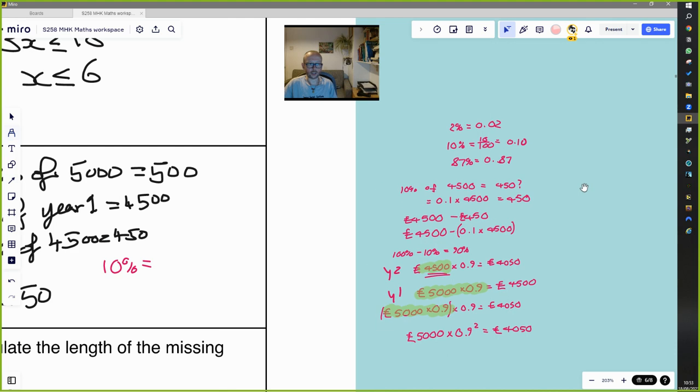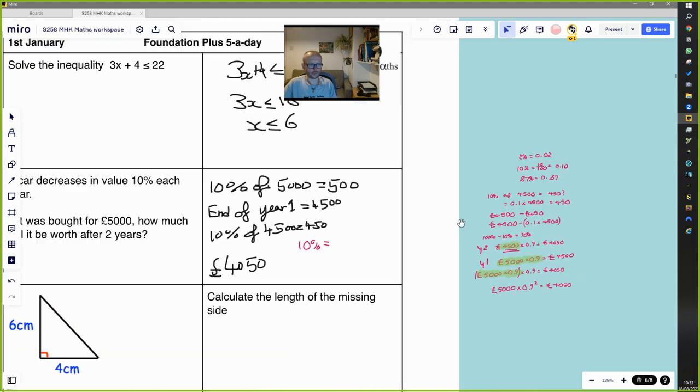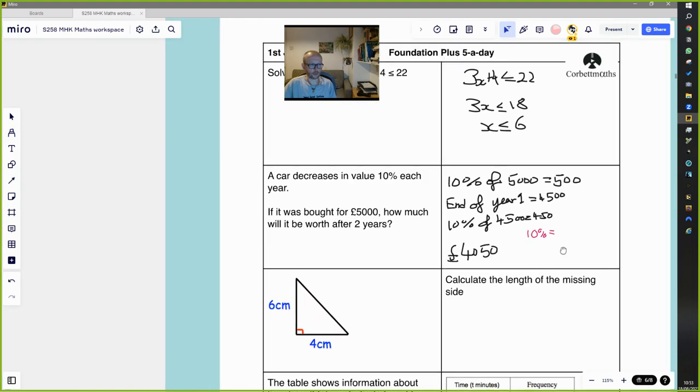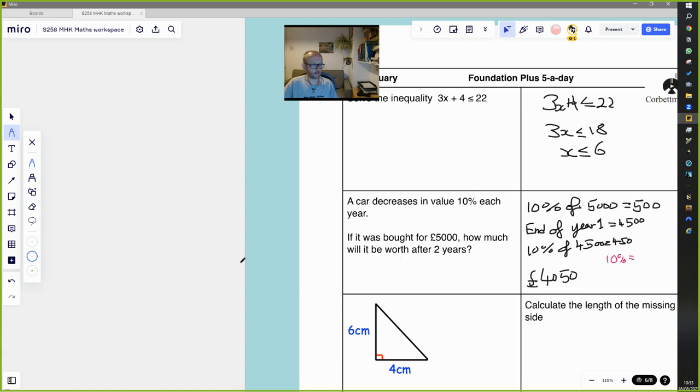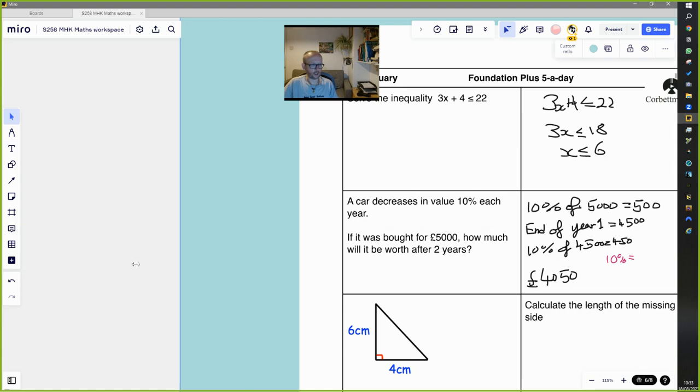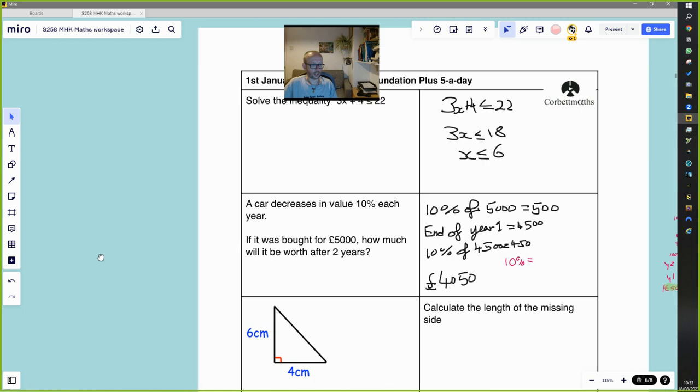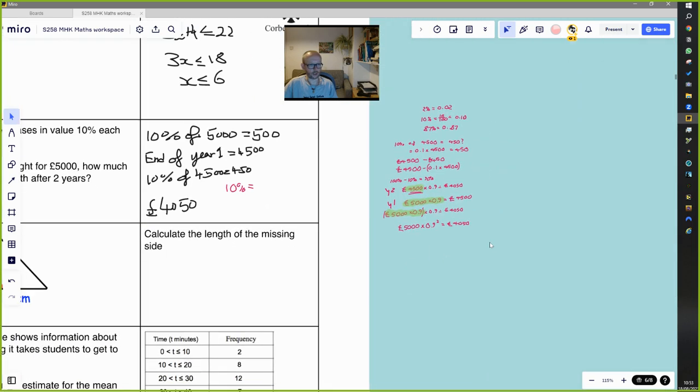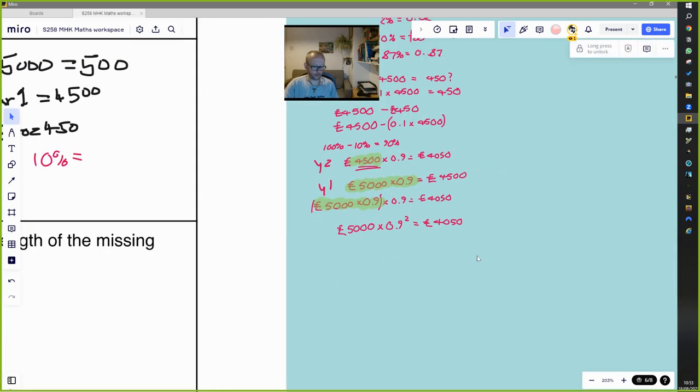Okay, let's imagine the numbers were different. I'll do this over on the left-hand side so we can see the numbers, but actually, what I will do first is come up with a formula from that.